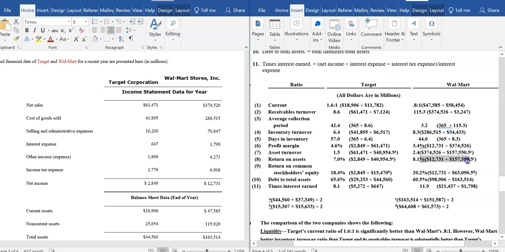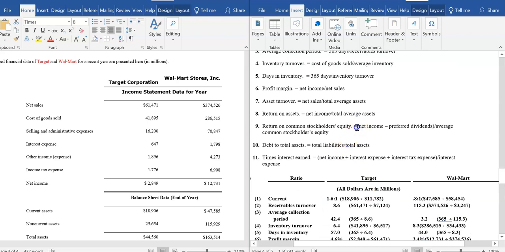Remember, we calculated those average assets by taking the beginning of the year assets, adding in the end of year assets, and dividing by 2. That was shown down here. We have a return on assets of 7% for Target and 8.1% for Walmart. It looks like Walmart is a little bit better at purchasing assets that are generating revenues, just slightly a little bit more, 1%.